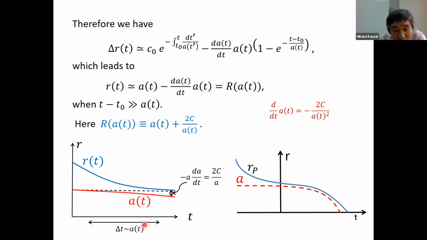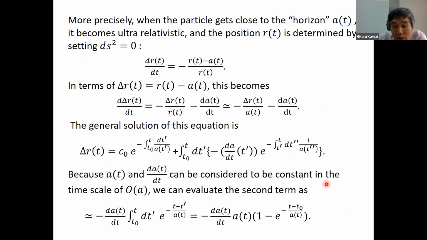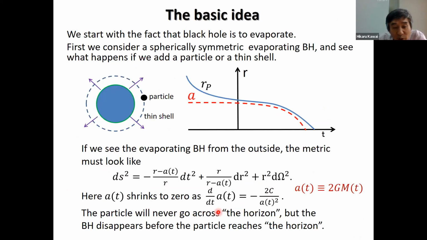So A becomes 0 in time scale A cubed, but the particle will never go across A. So this is why we can say the particle will never go across the horizon, but the black hole disappears before the particle reaches the horizon.